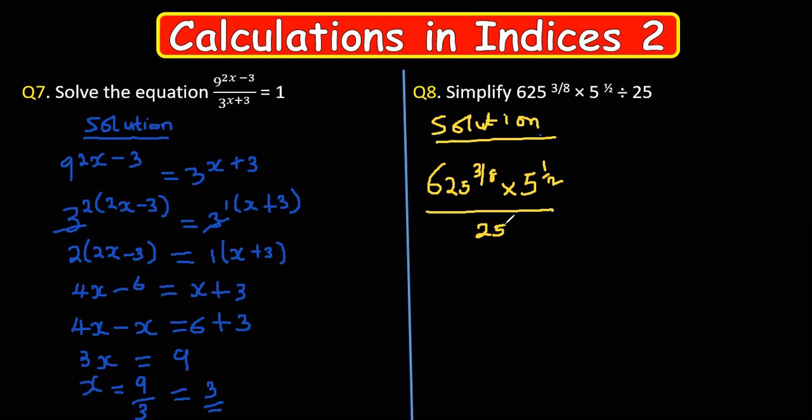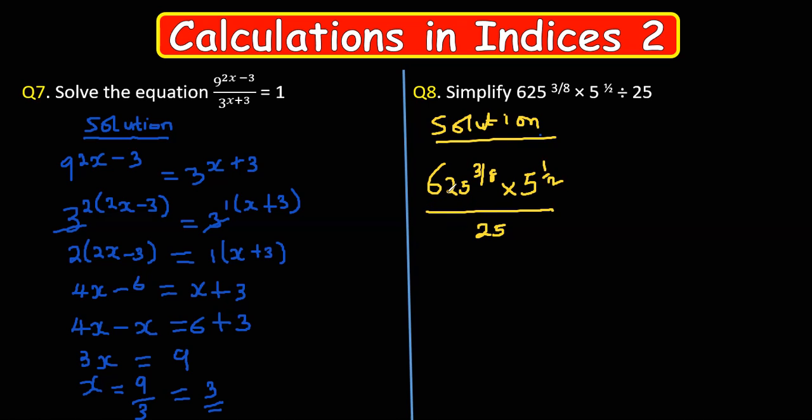Again, what you need to do here is to convert all the bases here to the same thing. So we have 625 as a base, 5 as a base, and 25 here. If you want to say here it is raised to the power of 1, it doesn't matter. So we leave it as it is here. So here we have 5, which is the lowest base. So we are going to convert this to have the base of 5, and this also to have the base of 5.